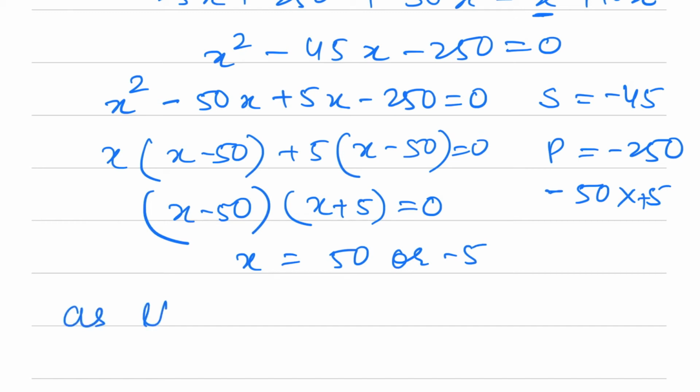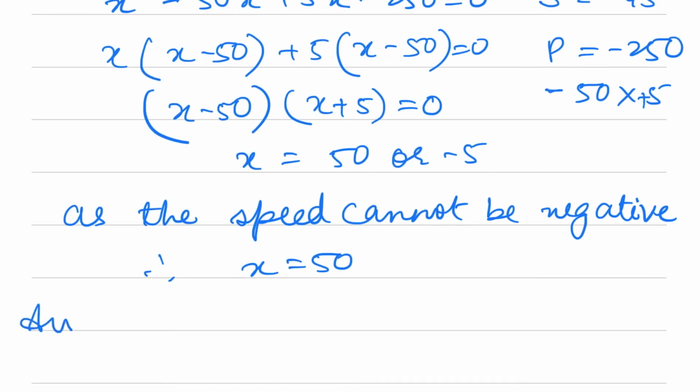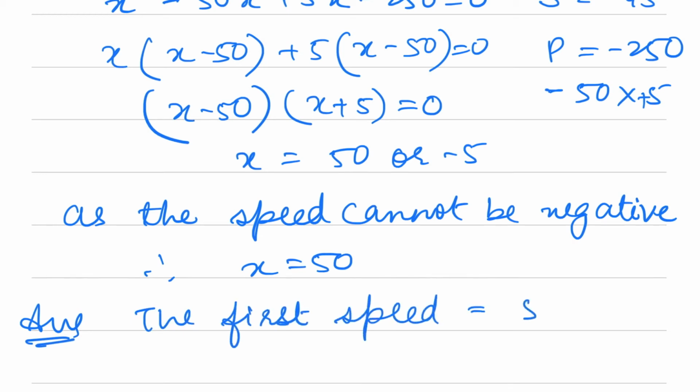So as the speed cannot be negative, therefore x is equal to 50. So answer I can write down: the first speed is 50 kilometers per hour.